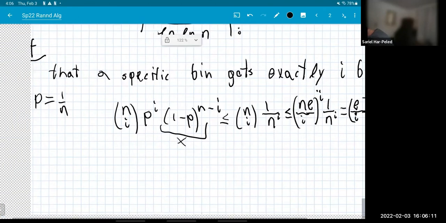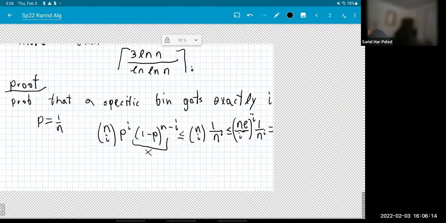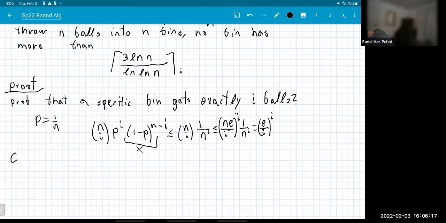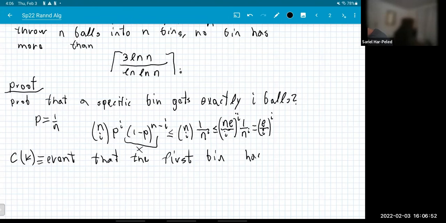Okay, back to our purposes. Let me call it C_k: C_k would be the event that the first bin has k or more balls. All the bins are symmetric, so I can just pick the first one.